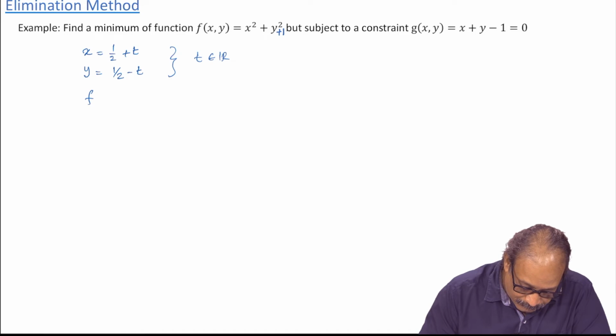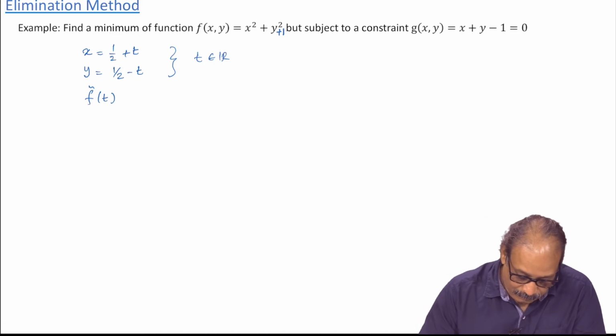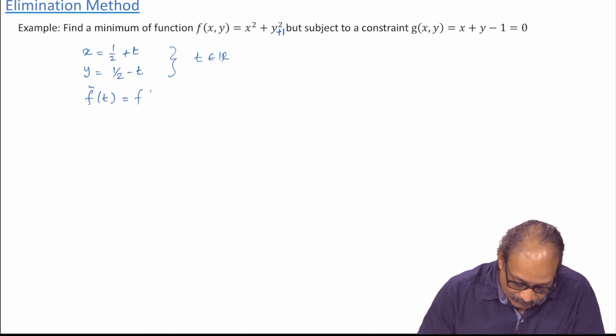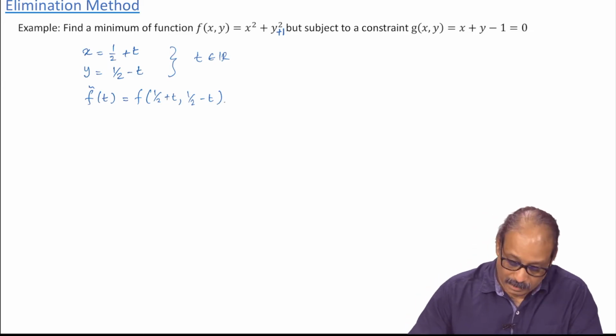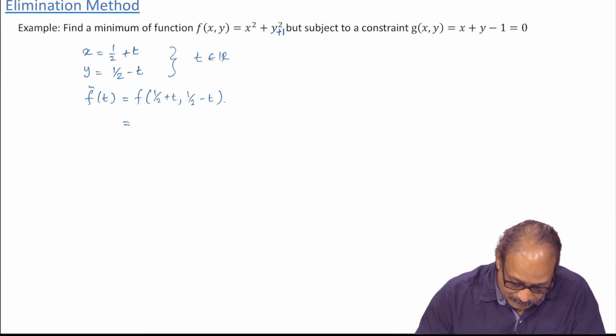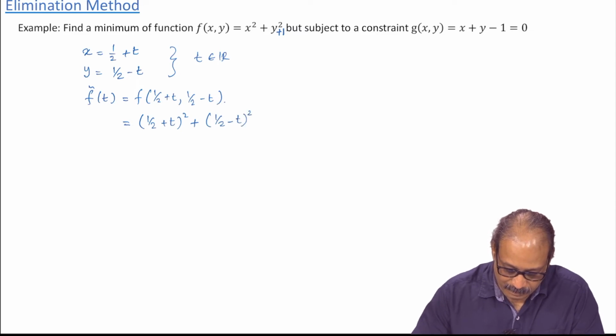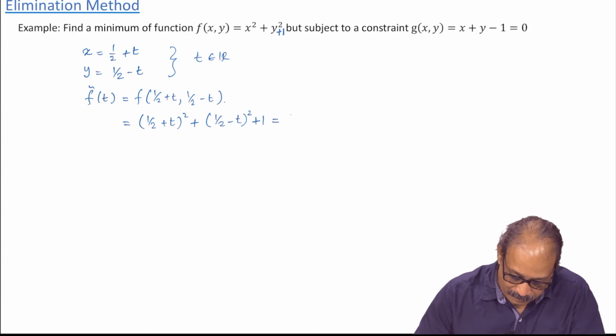So, your f now can be defined as a function of single variable t, which is basically function f of x and y, and immediately this would become half plus t whole square plus half minus t whole square plus 1, and this of course will simplify to 3 by 2 plus 2 times t square.